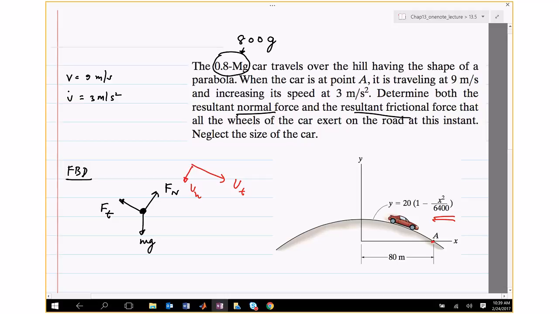So that's right. And let me draw the shape. The shape is the parabola at this instant. I'm going to write theta because I'll require theta to resolve mg in the x and y direction. So if this is theta, then this also is theta because this angle is 90 degrees.